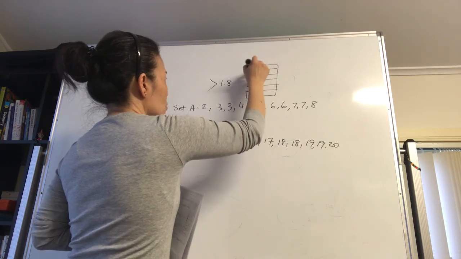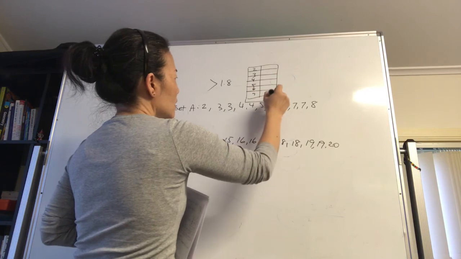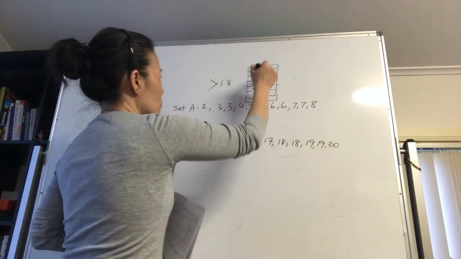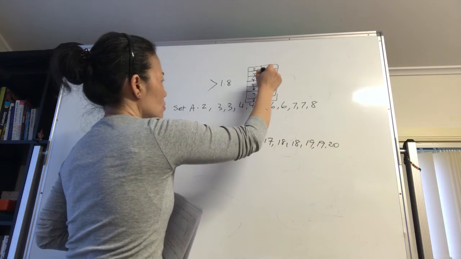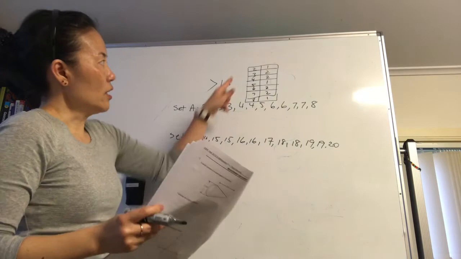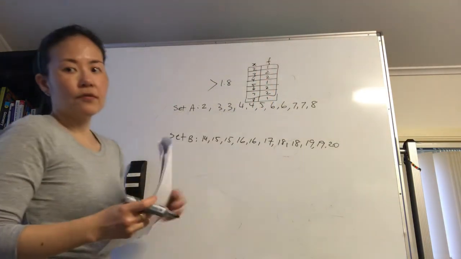2, 3, 4, 5, 6, 7, 8. Okay, and then how many? 1, 2, 2, 1, 2, 2, 1. So in your calculator, this is your x, that's your frequency.